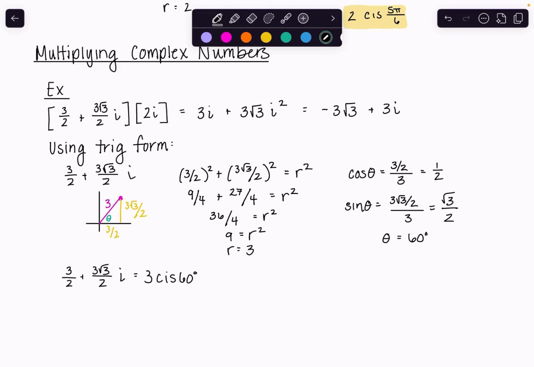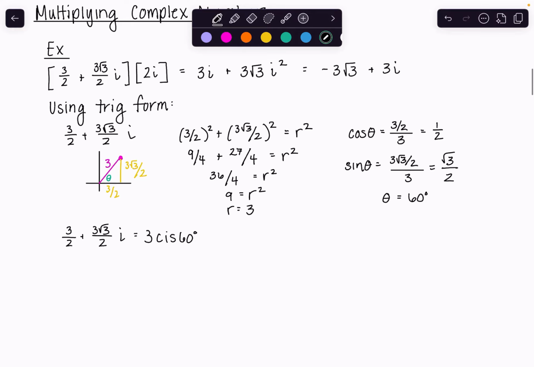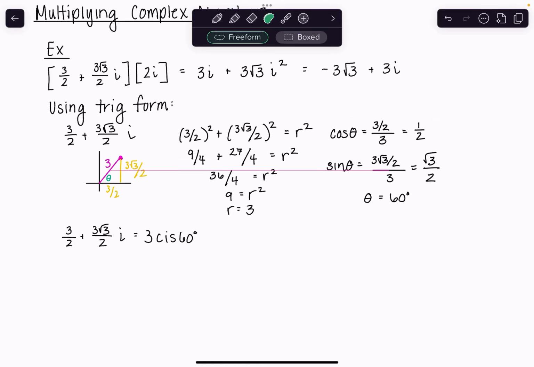My second number, way easier to actually go through because it has no real component, so it is just on the y-axis. So that one is really nice. So if I look at 2i, I want to give myself some room because we can really do this pretty simply.